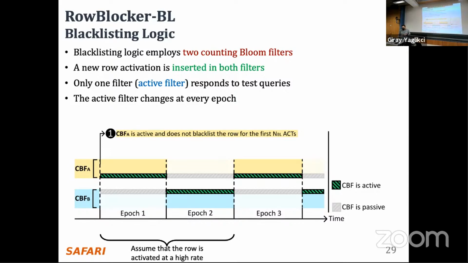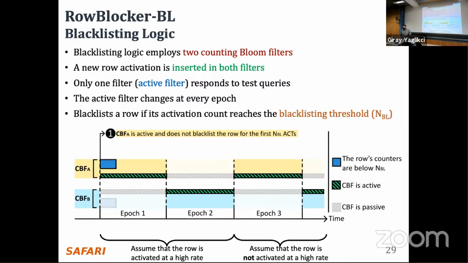Assume that the row, and this is for one single row, is activated at a high rate in the first two epochs, and at a low rate in the third epoch.